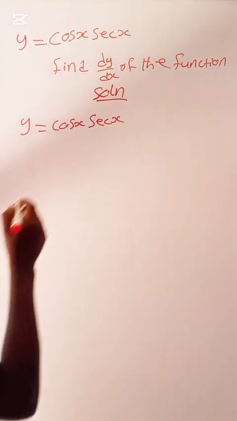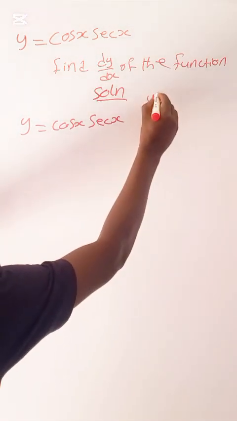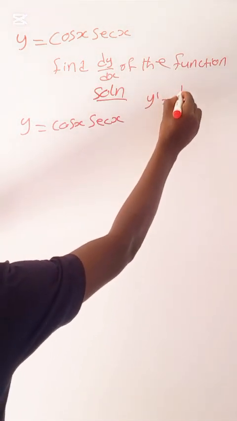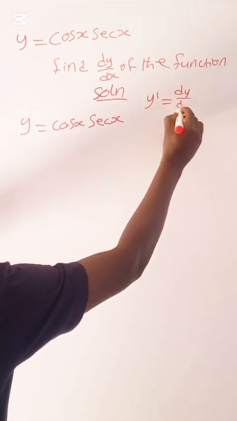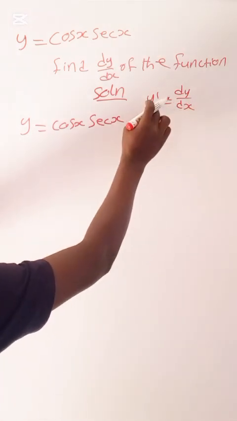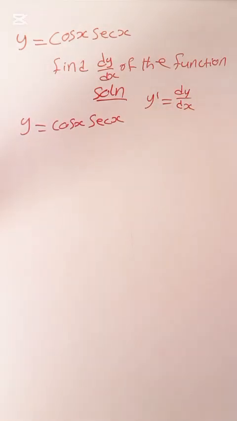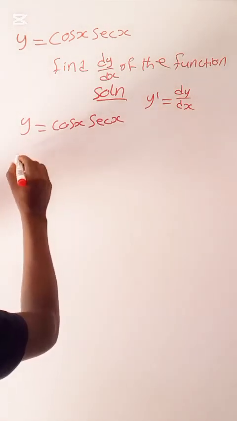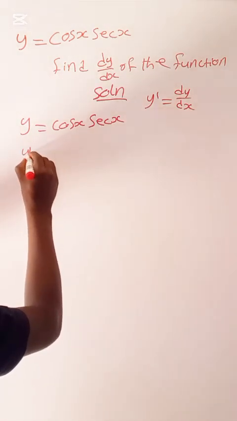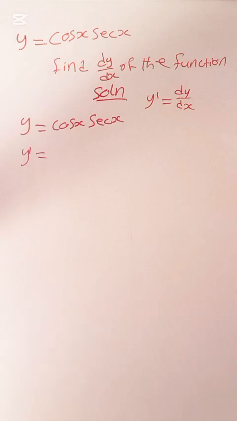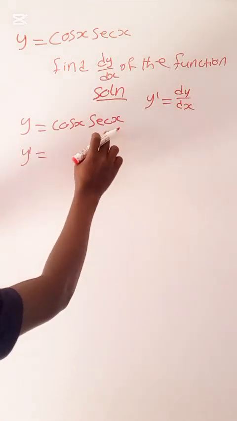So now you know that y prime is equivalent to dy dx, it is the same thing. So I'll be using this one to solve this question. So now it's a y prime. Now what we are going to do here is use the product rule, because this one and this one are multiplying.